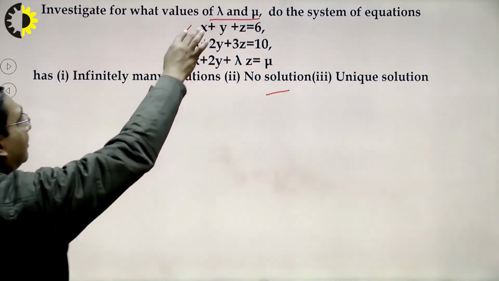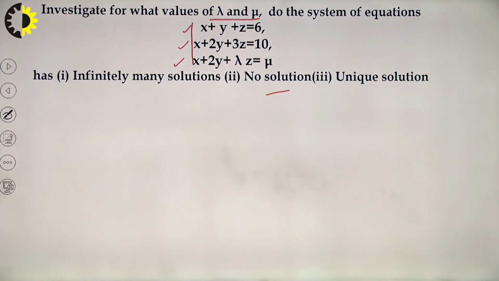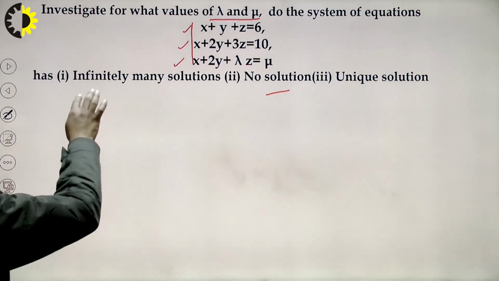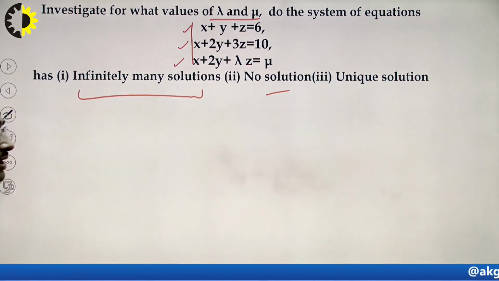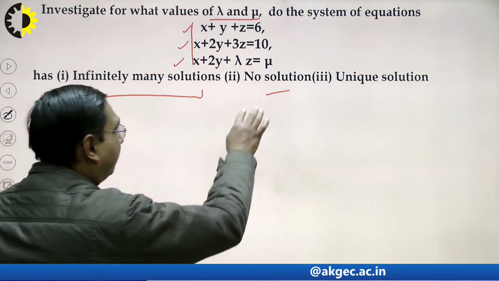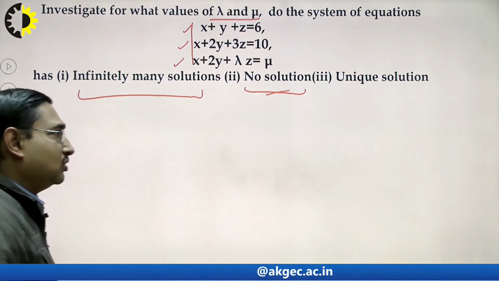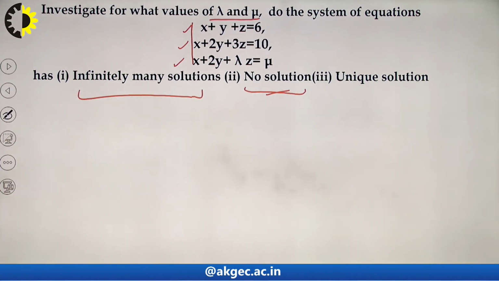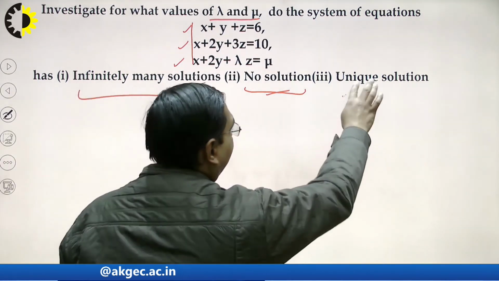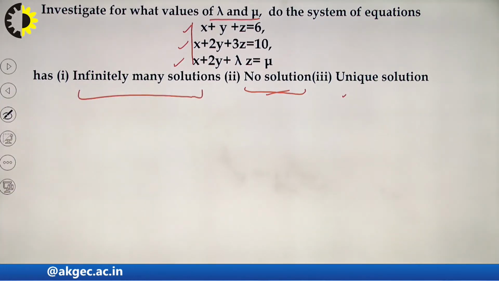Means this equation system is given. We want to find the values of lambda and mu for which this system has infinitely many solutions. We then want to find the values of lambda and mu for which this system has no solution, and similarly we are also looking for those values where this system has unique solution.